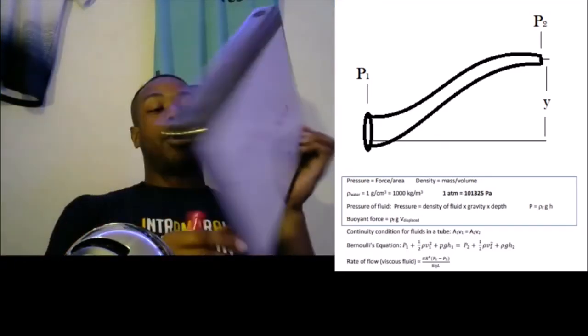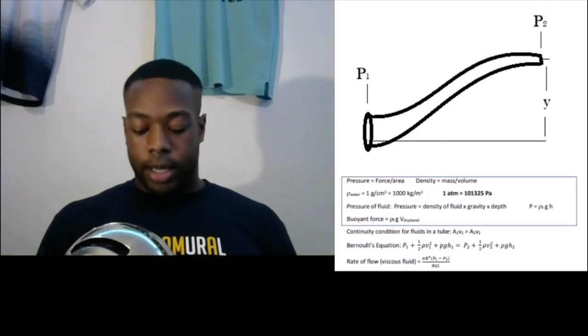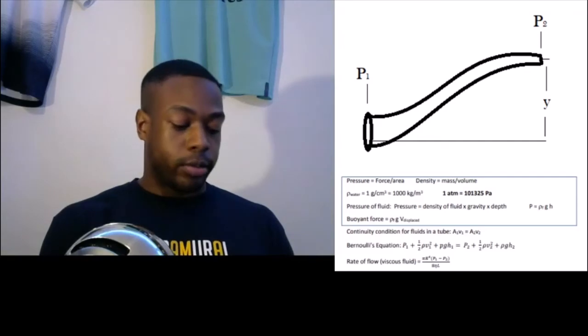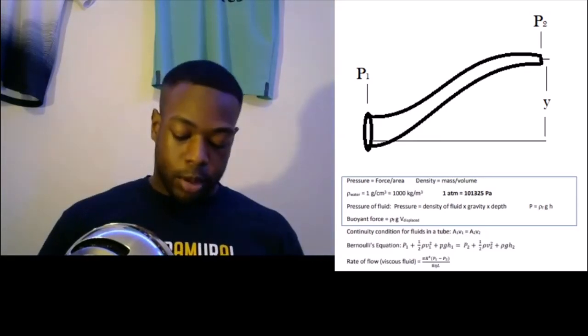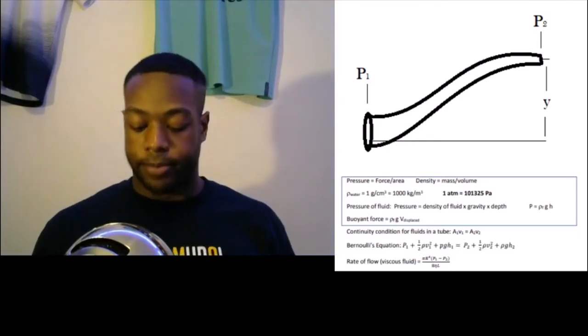So you can just divide both sides by 19,030. Take the square root. So for our velocity 1, we're getting 1.33 meters per second.